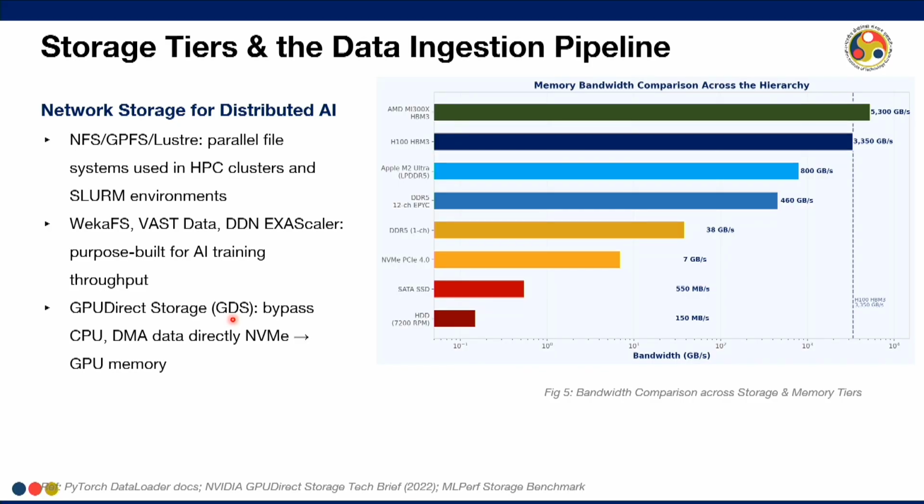So DMA can also be used to directly access data from NVMe to your GPU memory, and GDS does that.